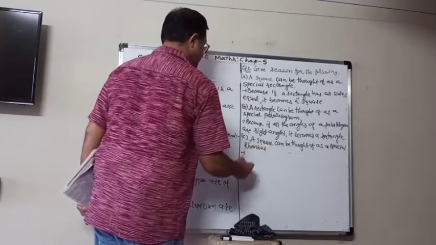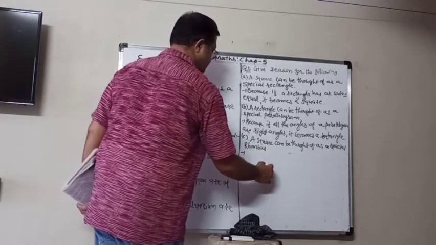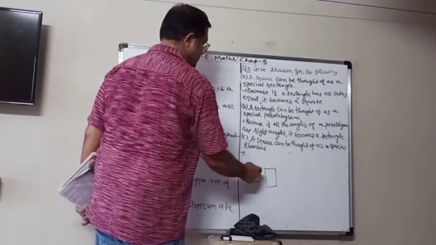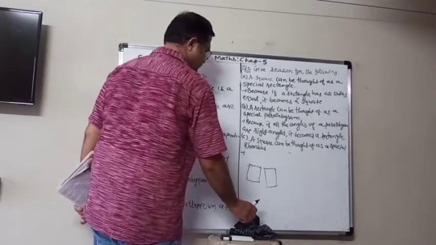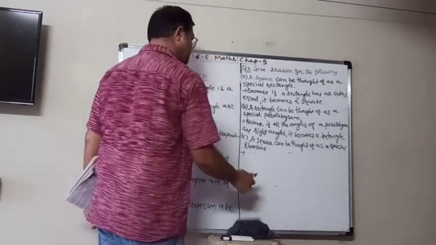Now we know that a rhombus has all sides equal, and a square also has all sides equal. Only the difference is the angles. If we take all angles of the rhombus as right angles, then it will become a square.